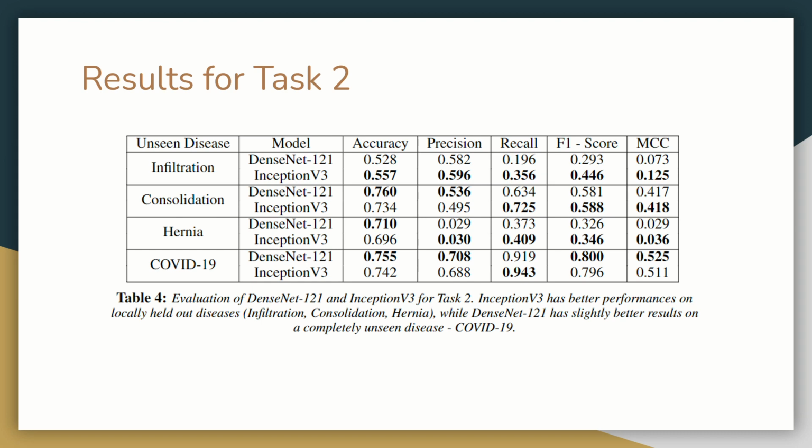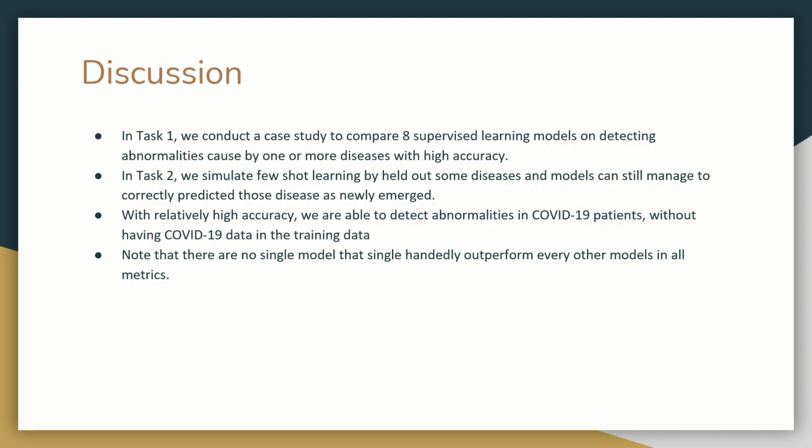It's also worth noting that the recall scores of our 2 models for COVID-19 are above 0.9, meaning that they are able to identify more than 90% of images that have abnormality of COVID-19. This is very helpful for the medical field as our models are able to identify defective samples of an unseen disease with very high accuracy.